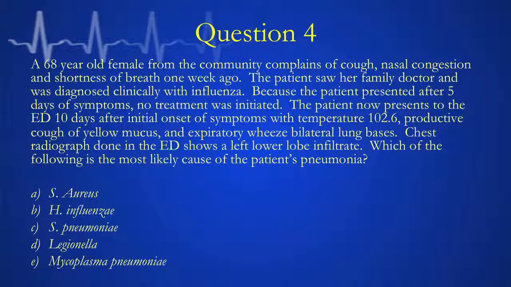The patient now presents to the ED 10 days after initial onset of symptoms with a temperature of 102.6, a productive cough of yellow mucus, and expiratory wheeze bilateral lung basis. Chest radiograph done in the ED shows a left lower lobe infiltrate. Which of the following is the most likely cause of the patient's pneumonia? Is it Staph aureus, Haemophilus influenza, strep pneumonia, Legionella, or Mycoplasma pneumonia?